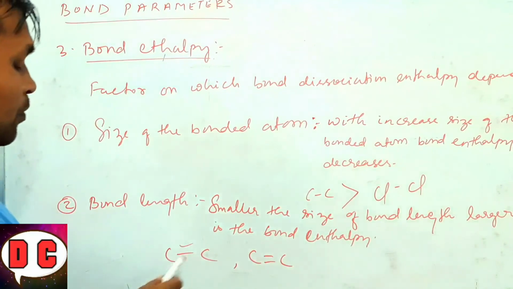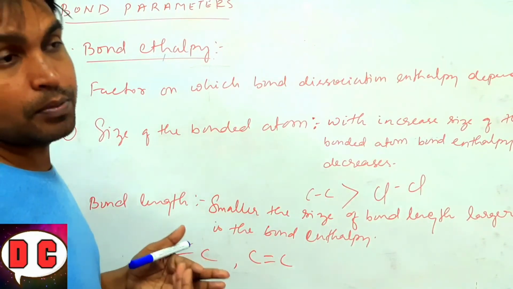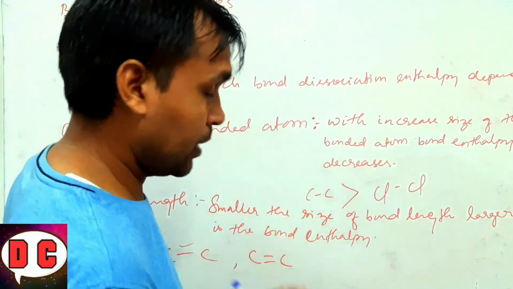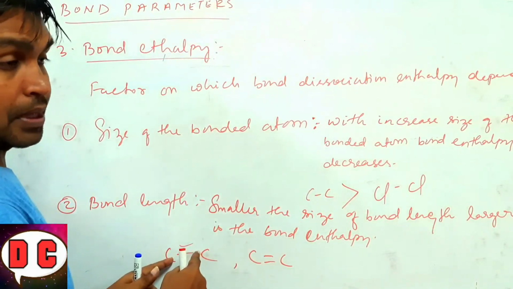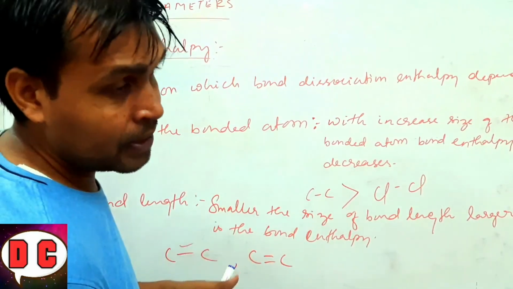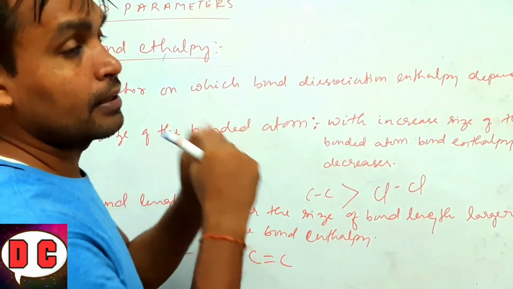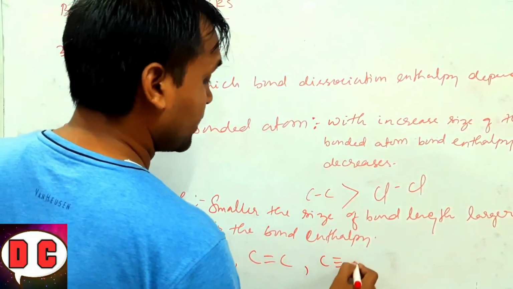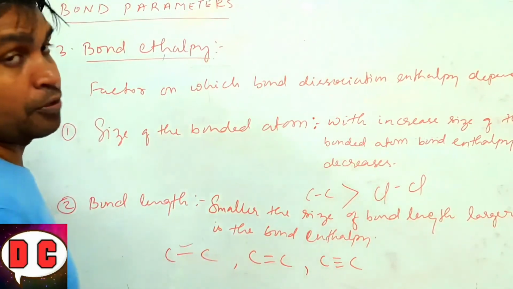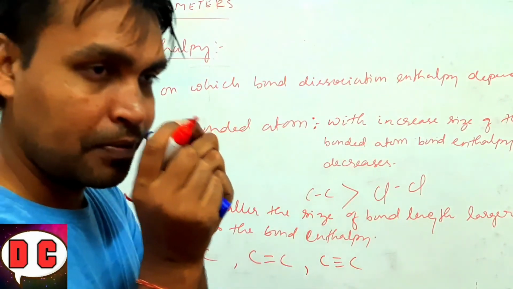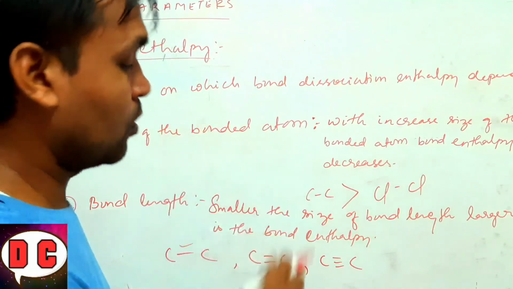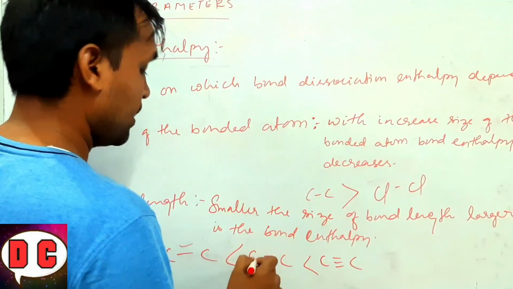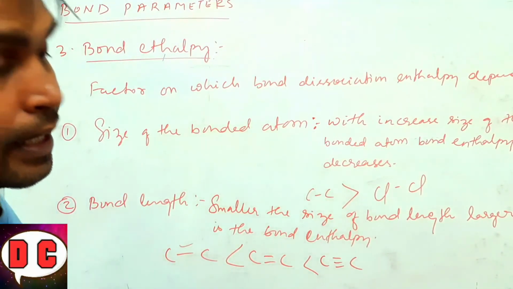Same way here, a single bond can easily be broken. So the bond enthalpy here will be less, the energy required to break the bond will be less, because the bond length will be big. But when the bond is doubled, the bond length becomes small and it becomes very difficult to break. And in the triple one, the bond enthalpy will be the highest, because the bond length will be very small. So always remember, smaller the bond length, higher is the bond enthalpy.